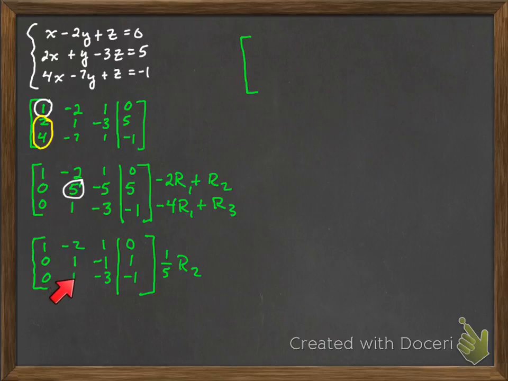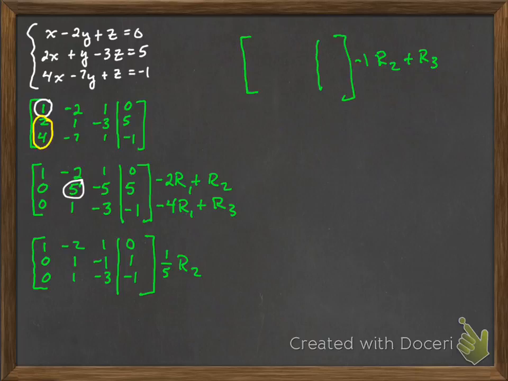What cancels with a 1 is a negative 1. So what we need to do is multiply this value by negative 1 and then add it to this one. So what we are doing then is multiplying row 2 times negative 1, and then we are adding that to row 3.